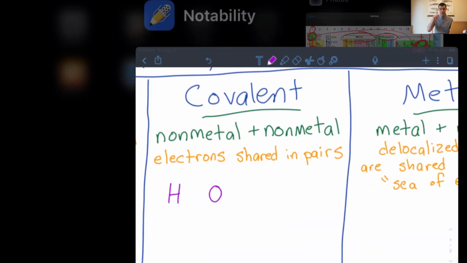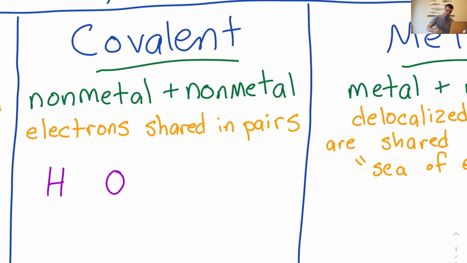Let's draw it out. Hydrogen gets 1 dot. We generally start with that dot on the right side. Oxygen gets 1, 2, 3, 4, 5, 6. I like to go in a circle. All right, now this is a little bit different. Because they are both non-metals, the hydrogen will not transfer its electron to the oxygen.